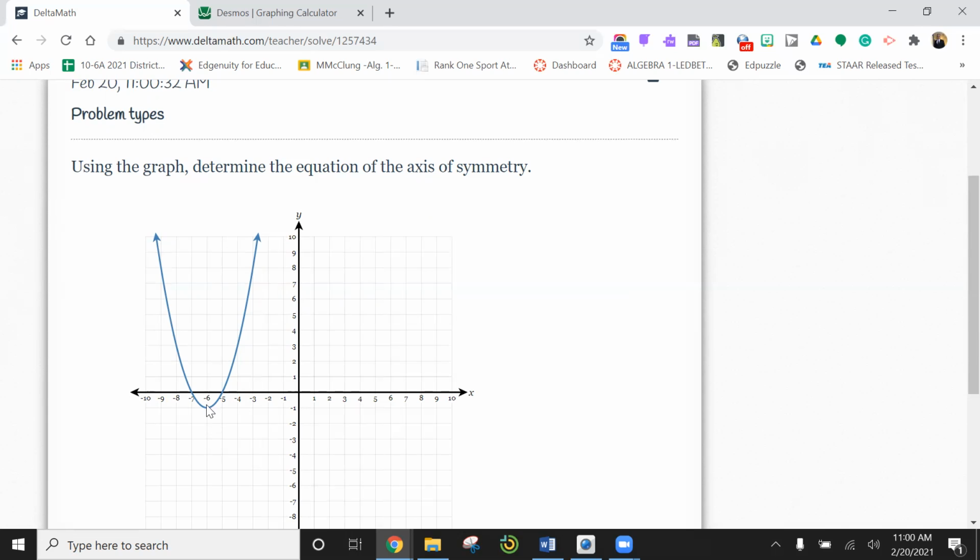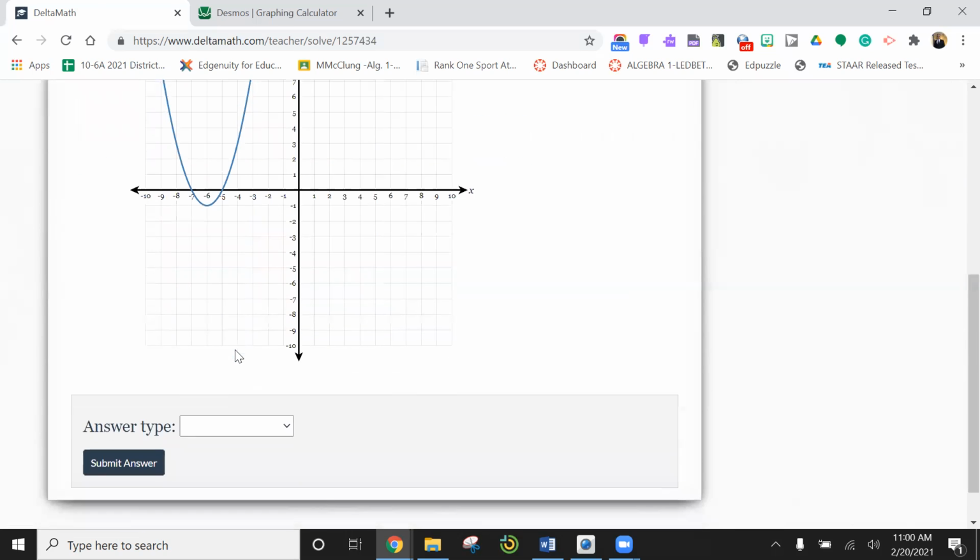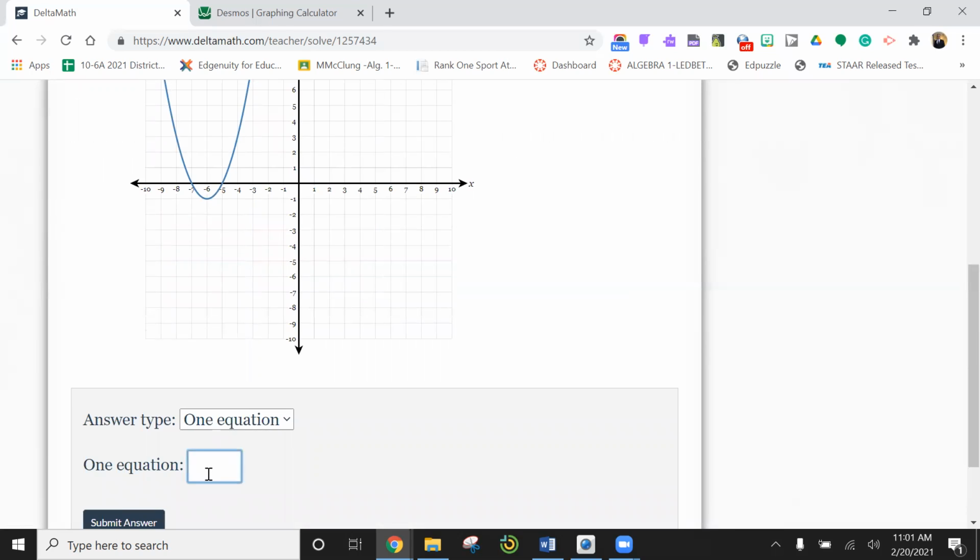It goes right through the vertex and hits the x-axis at -6. They're wanting the equation, so we're going to give an equation. Since the line touches the x-axis at -6, x equals -6.